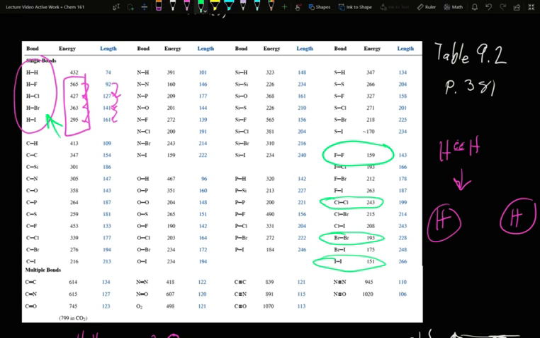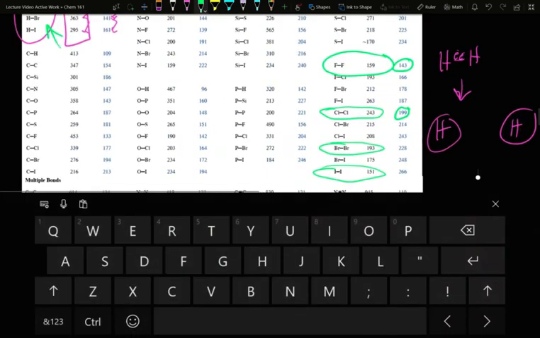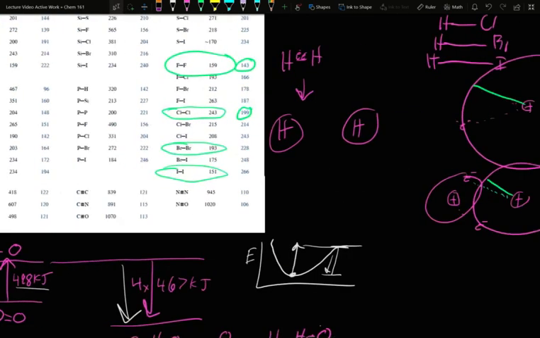And so fluorines will get close to each other, as we can see from the bond size, but they don't sink down as much in energy. Effectively, fluorines will get shorter radius, but they won't go as deep in energy as the chlorine would.